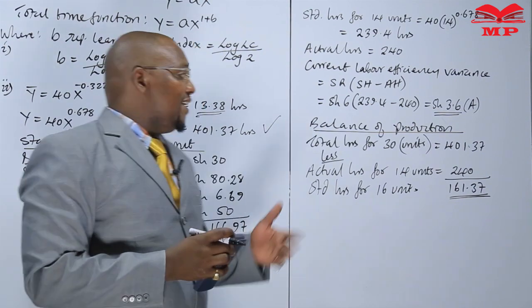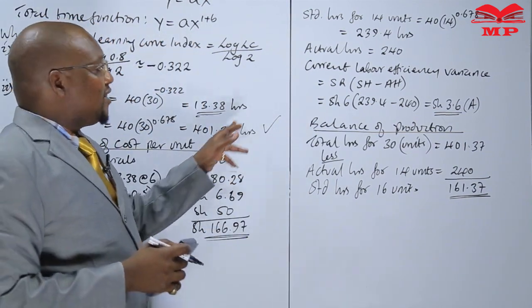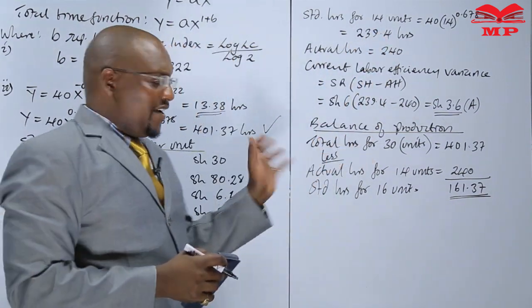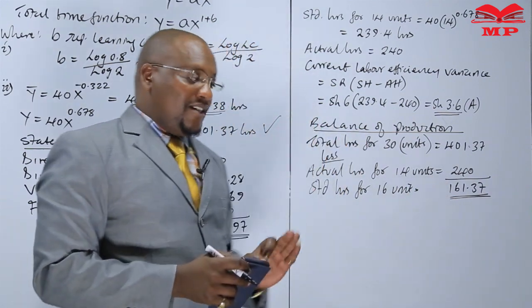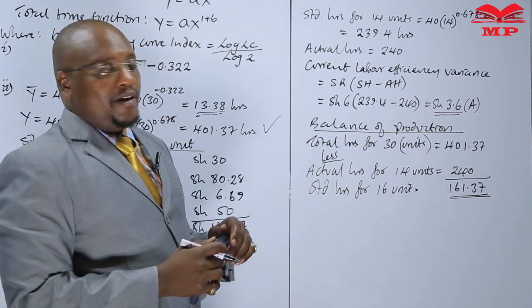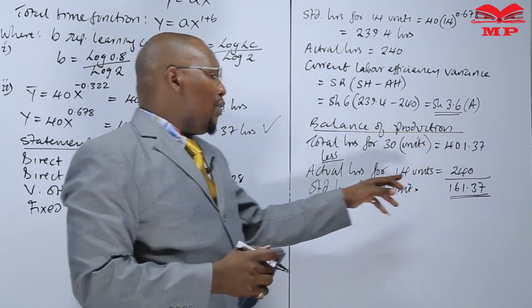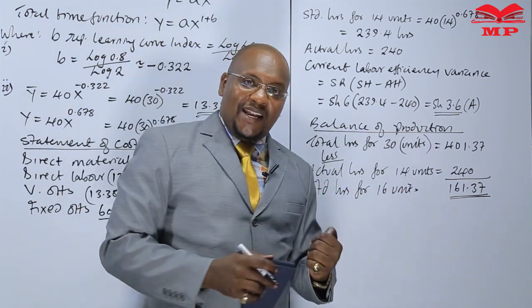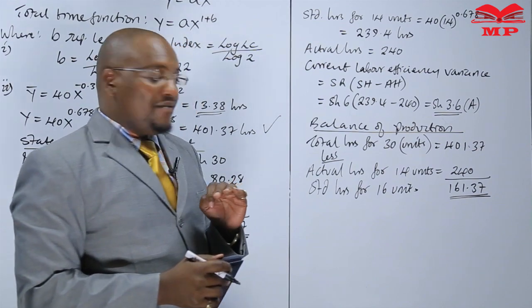But of course, even if you take the 401 and subtract these 239, you still have the 0.6 that is affecting. But at least we can know that the hours we are left with, to make sure that we operate within the 401, are 161. We must make sure that the 16 units that are yet to be done are done within 161.37 hours.